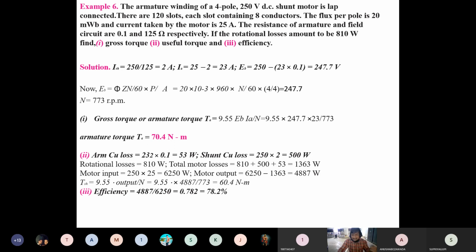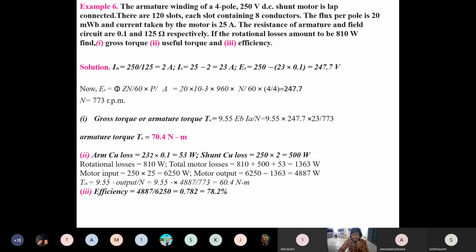Shunt field current is always minimum because the shunt field resistance is high, in the range of 100 to 300. So ISH is equal to 2 amperes. Now armature current IA is equal to IL minus ISH, that is 25 minus 2, equal to 23 amperes.